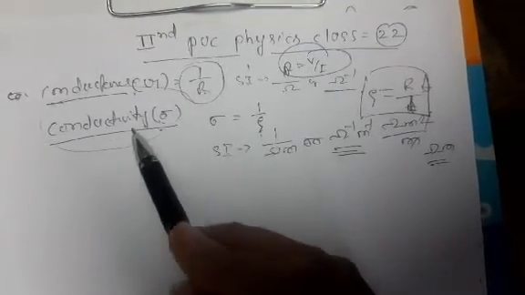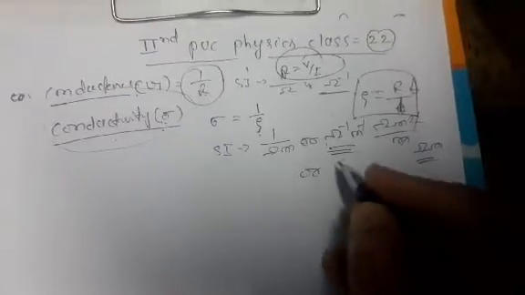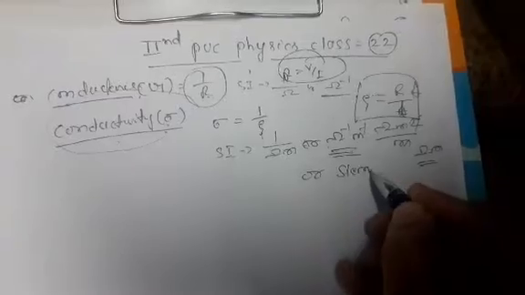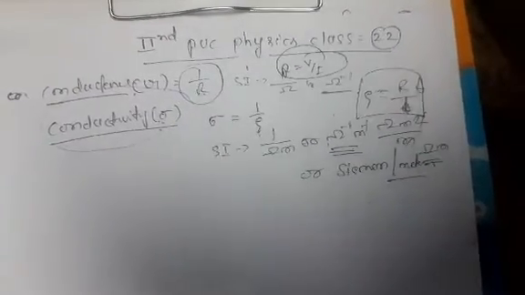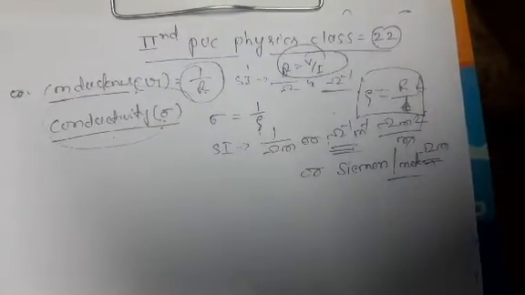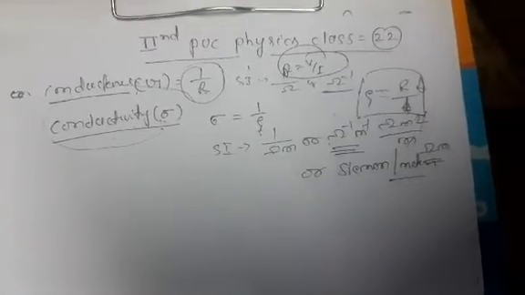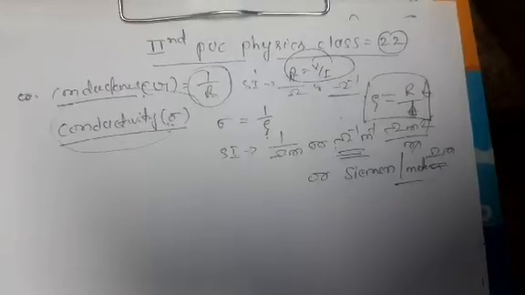The SI unit of conductivity is ohm inverse meter inverse, or Siemen per meter. The SI unit and definition both are important.